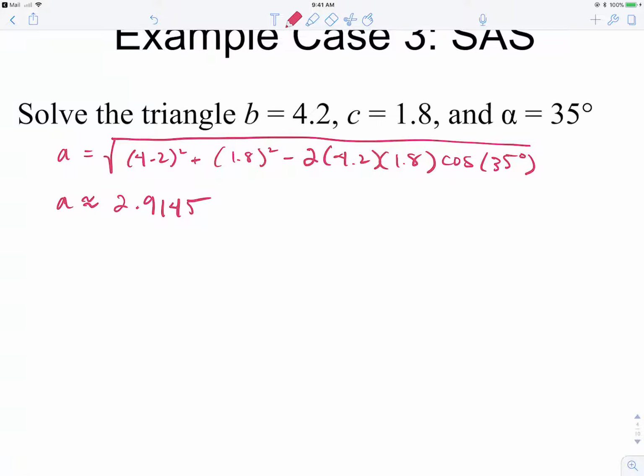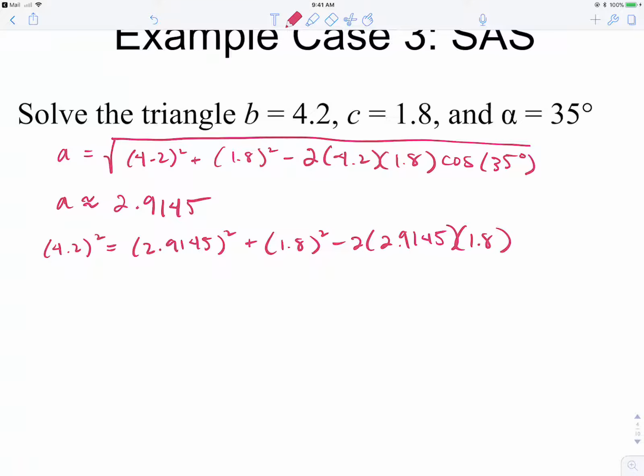Okay, so using law of cosines, we'll have 4.2 squared equals a squared plus c squared minus 2 times a times c times cosine of beta.